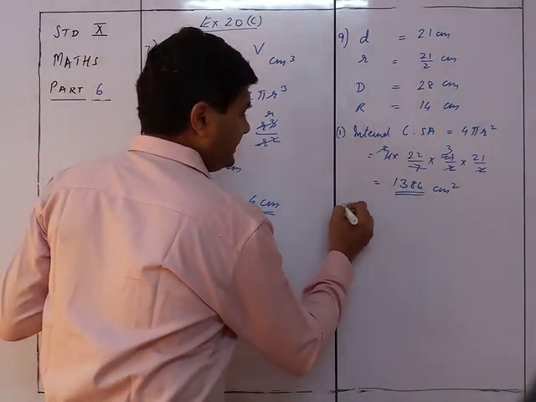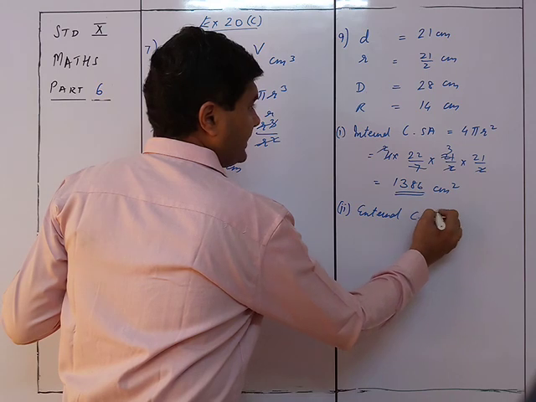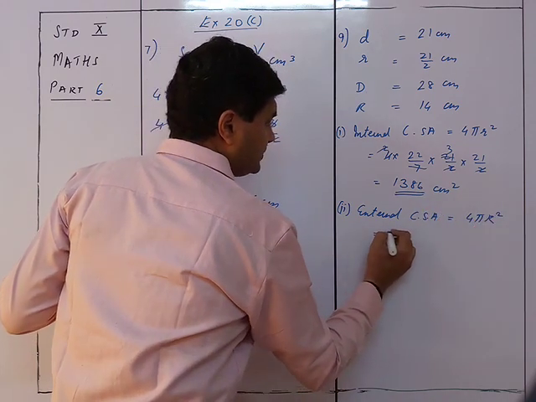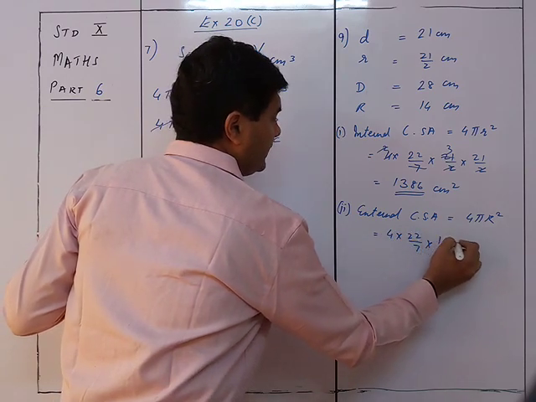The second part is external curved surface area, which is 4 pi capital R square. That is 4 into 22 upon 7 into 14 into 14.